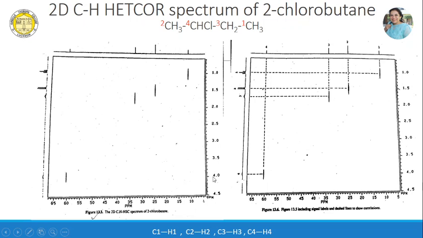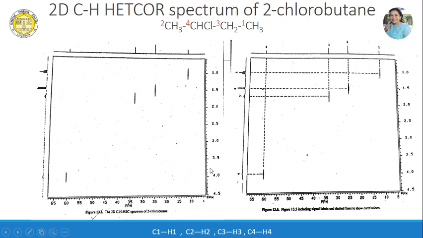So both the atoms are not the same, so I refer to it as heteronuclear, and this is heteronuclear correlation spectroscopy. On the y-axis I have the proton NMR, and on the x-axis I have the C13 NMR, or on the F2 axis, this is the C13 NMR, and this is the F1 axis where we have protons.